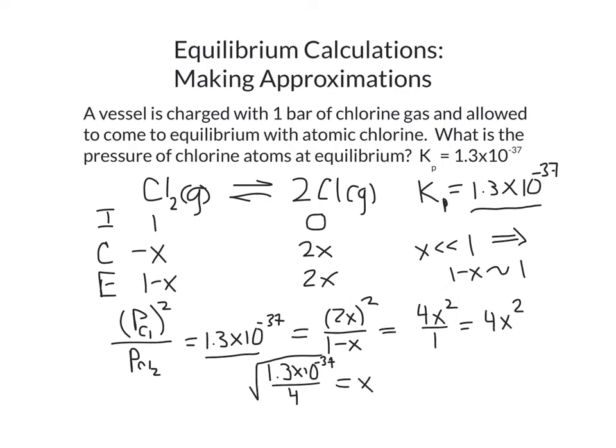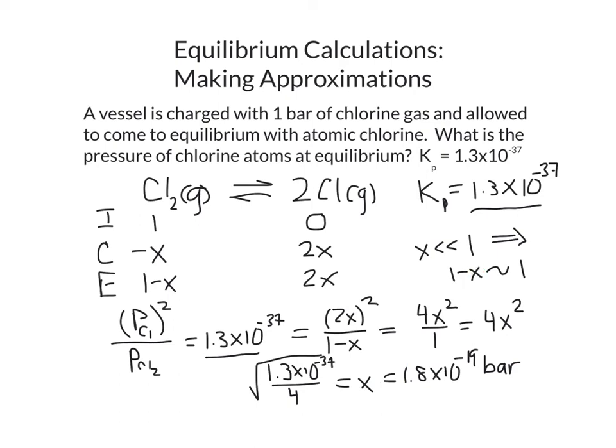And when I plug that into my calculator, I will find that X is equal to 1.8 times 10 to the minus 19, and that's in units of bar because I have a Kp value, so those are always in terms of bar. So we can see that this X is in fact really, really small compared to 1.